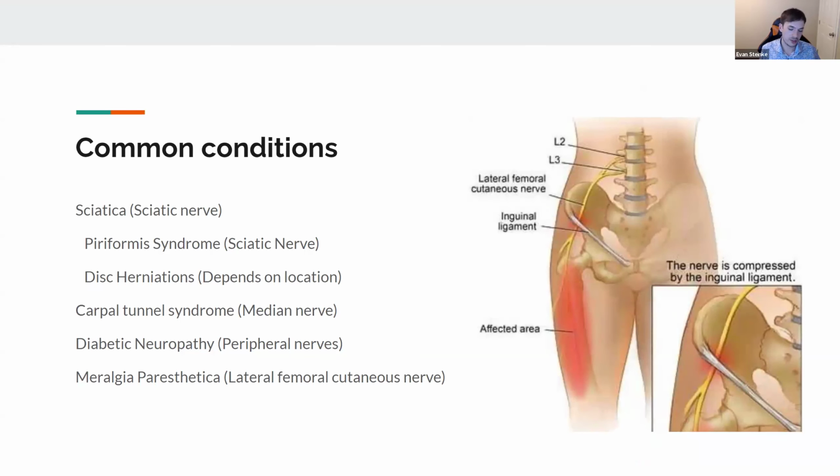Another condition we see, it's got big fancy names, but neuralgia paresthetica is essentially a nerve called the lateral femoral cutaneous nerve that runs out from your low back and it innervates the side of your thigh, right? So it's supplying the skin with its sense of sensation. And what can happen is it gets pinched underneath your inguinal ligament, which is that white line you see here right across the groin line.